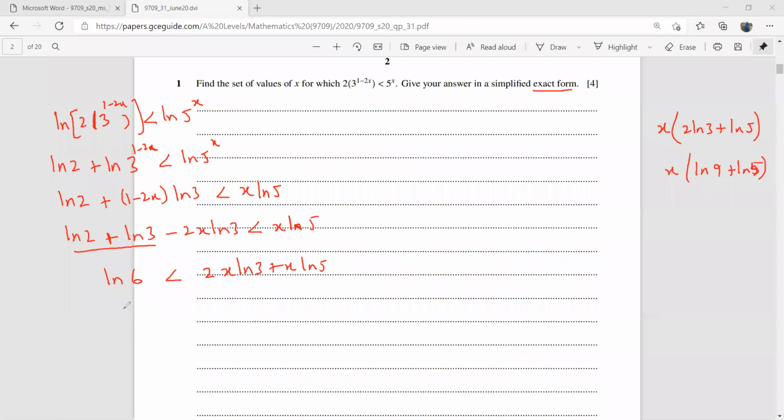So this becomes ln 6 is less than x ln 45. So x ln 45 is greater than ln 6, so x is greater than ln 6 over ln 45. That is your answer.